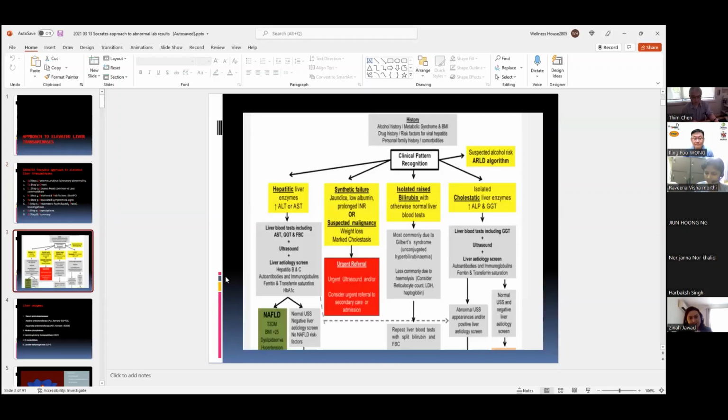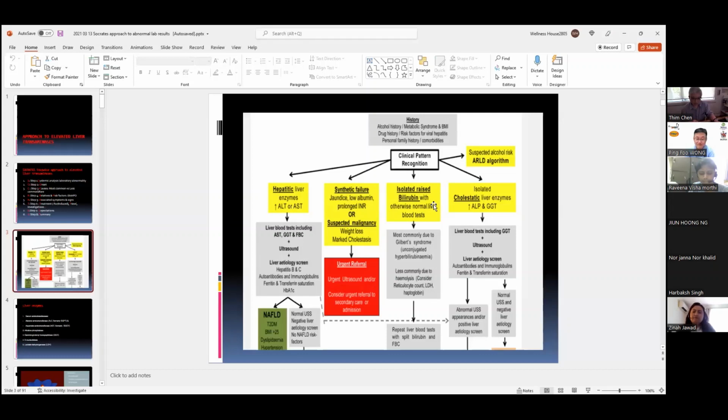This is the normal algorithm for liver function tests. If the liver enzymes ALT and AST are up, it is more of a hepatocellular damage. Synthetic means the liver makes it, which is the albumin and also the prothrombin time, INR.